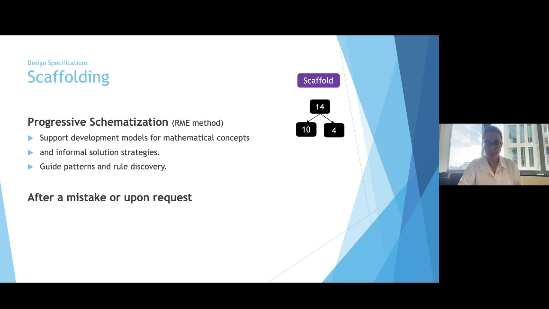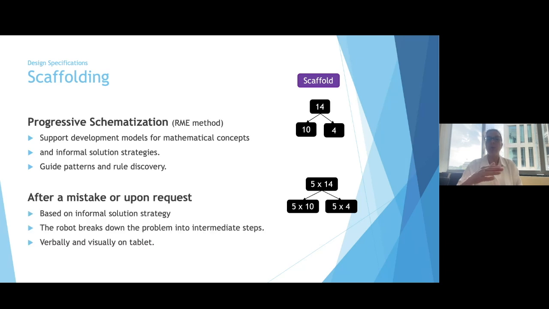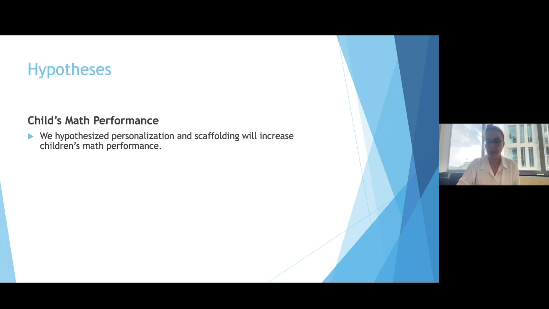To test the hypotheses, we ran a user study in 6 different schools. We had approximately 130 participants with complete data, and those were included in the final analysis.